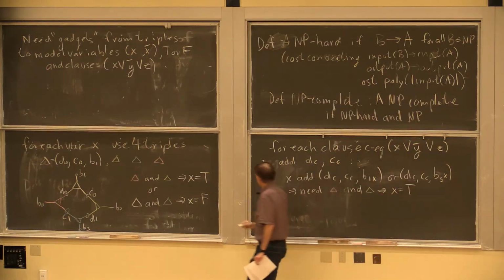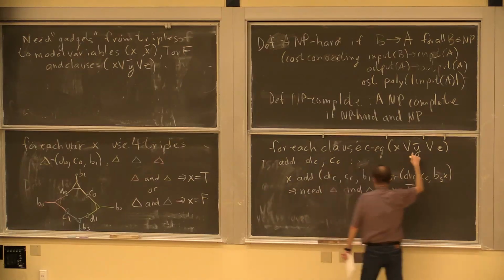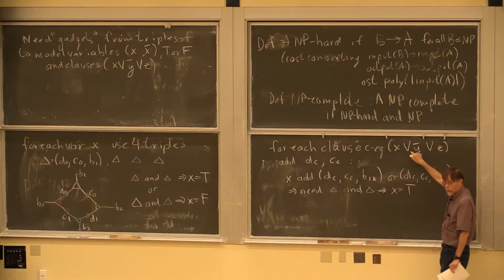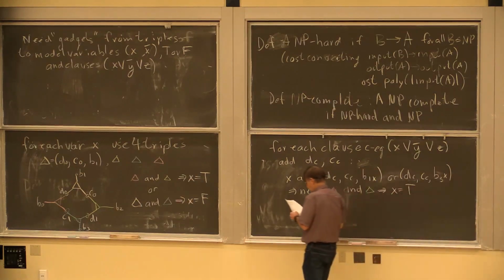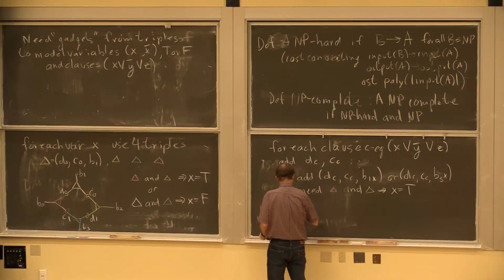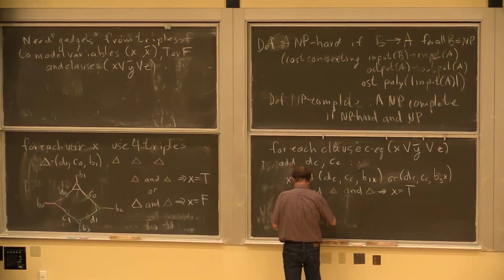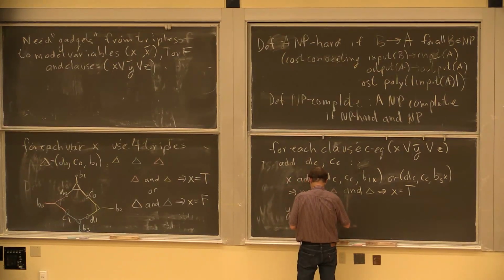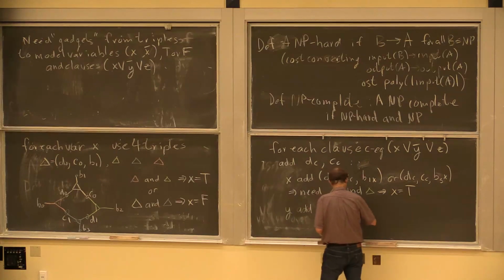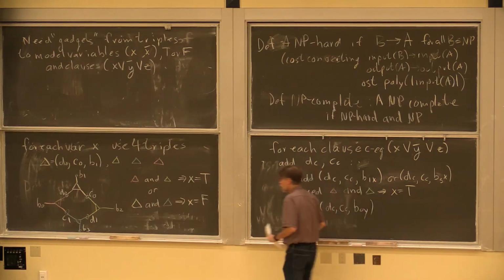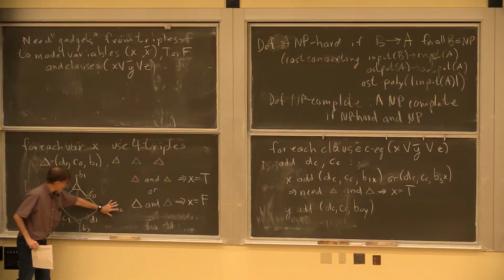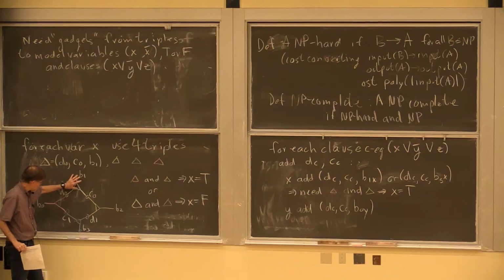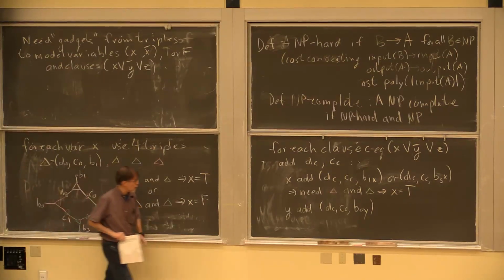Okay, what do I do now? I have to go on to the next variable. And how do I choose y to make this clause true? I'd be choosing y equals false. So for y, I'm going to add these particular ones. So I'm going to say that I either connect it to this side or that side, which means I would have to pick the white and the blue, which means y equals false.